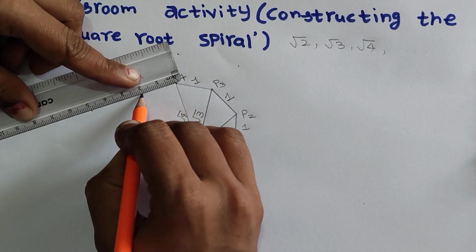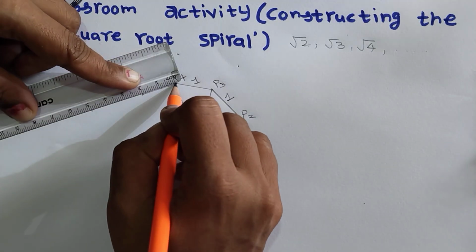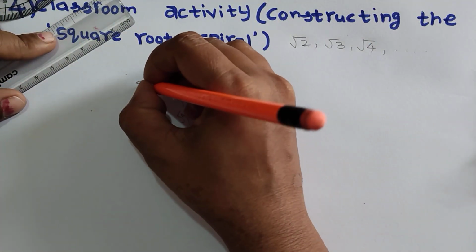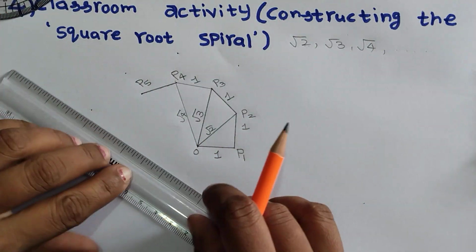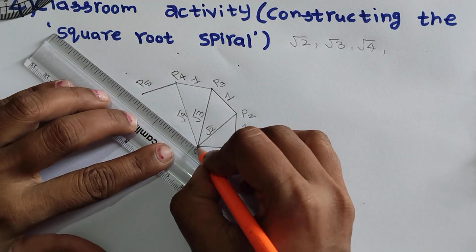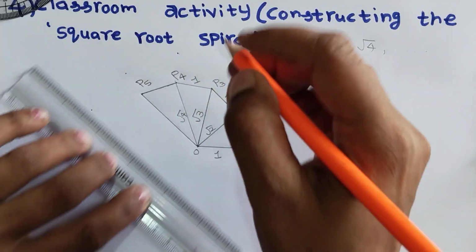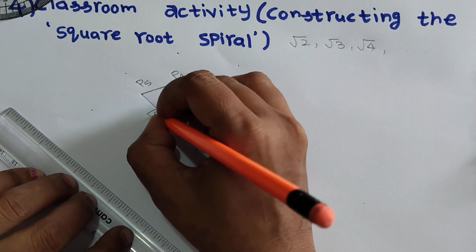Take it till 1 unit. Mark this point as P5. Join OP5. This is our root 5.